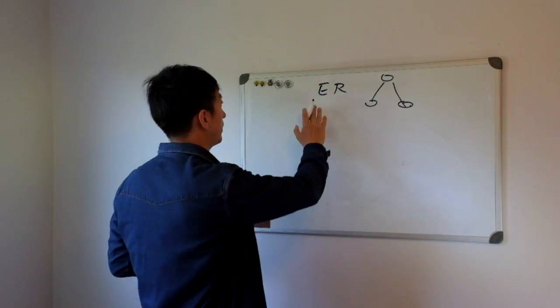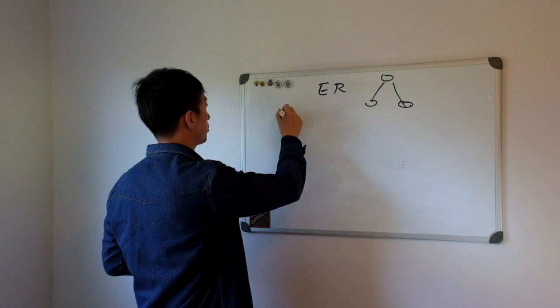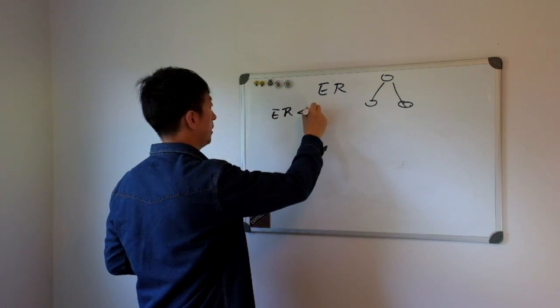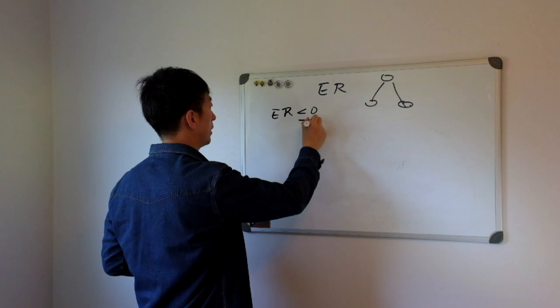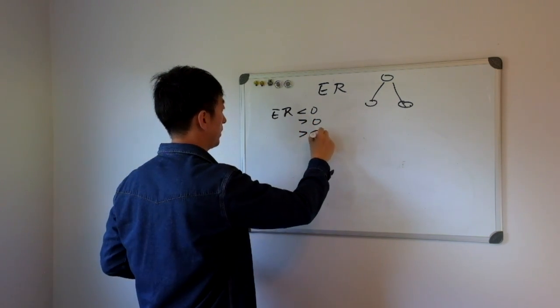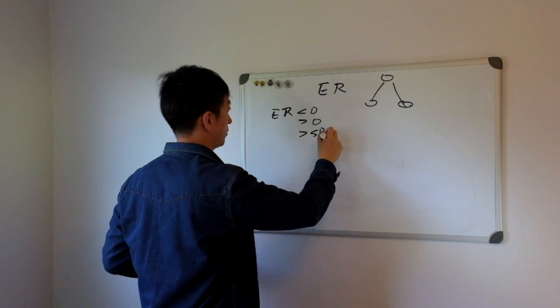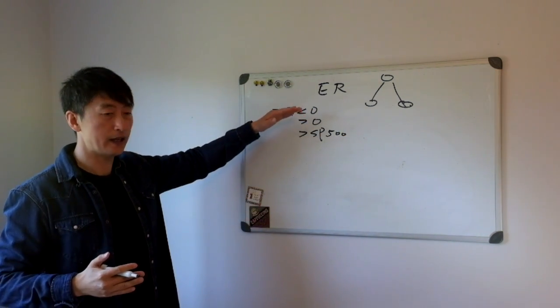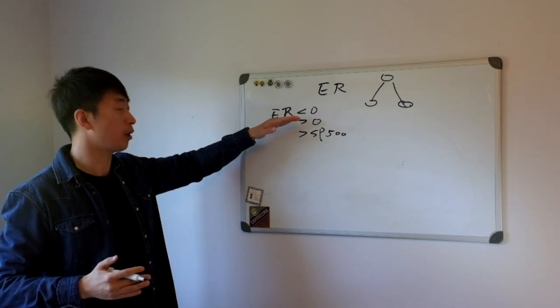Now let's look at the expected return, and there are different possibilities. It may be less than zero, more than zero, or even bigger than the S&P 500. In the case of less than zero, it's not really an investment opportunity.